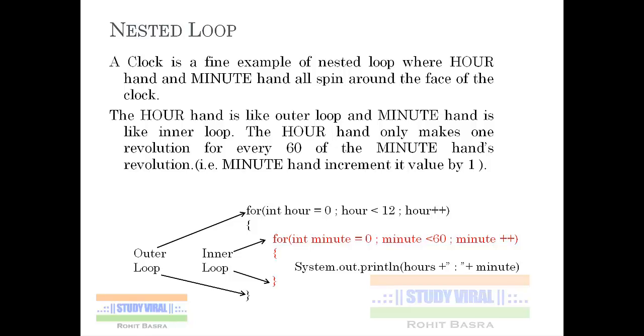Both these hands spin around the face of the clock 24/7. The hour hand is just like an outer loop and the minute hand is just like an inner loop.